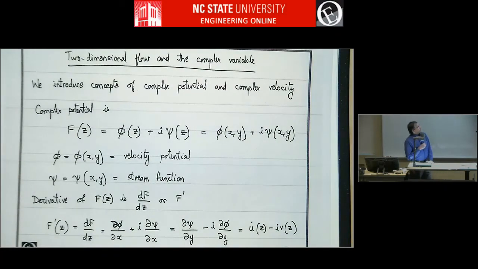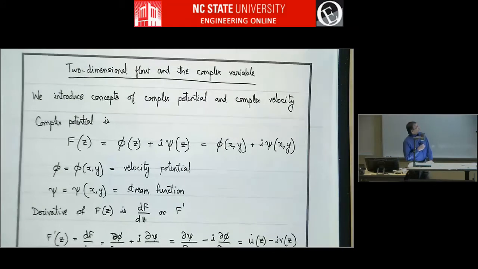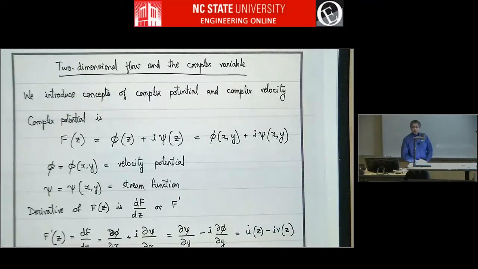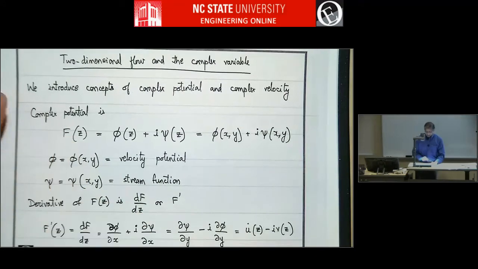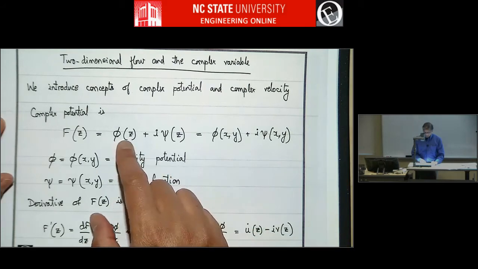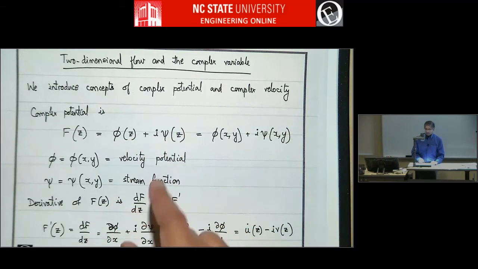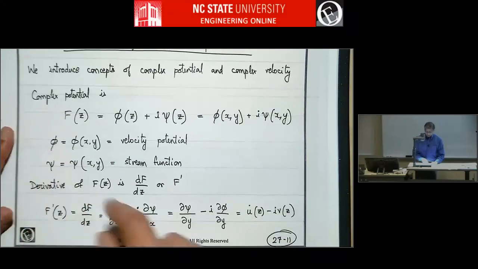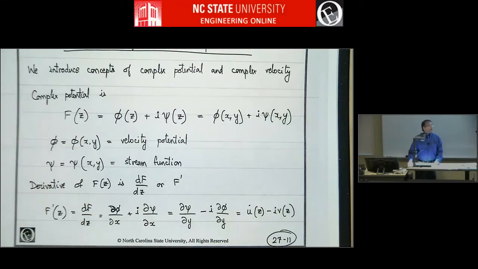We are going to introduce something called complex potential and complex velocity. This is essentially combining stream function and velocity potential. It's defined like this: F of z is phi of z plus i psi of z. Remember, phi is velocity potential and psi is stream function.